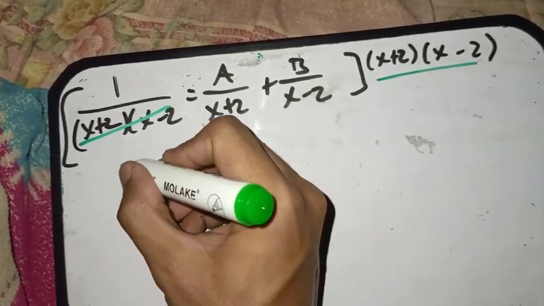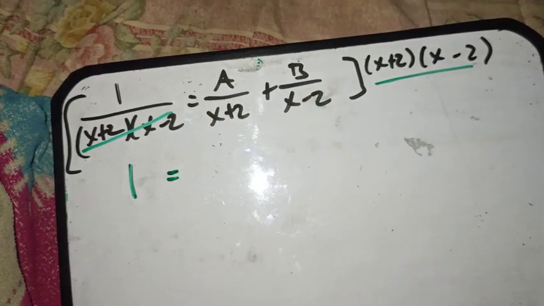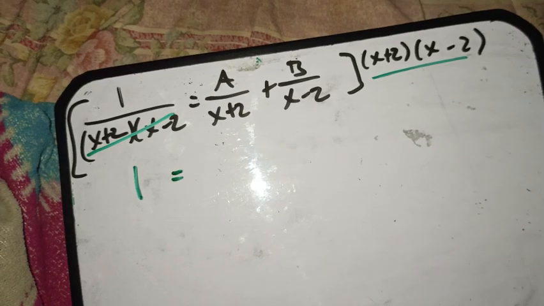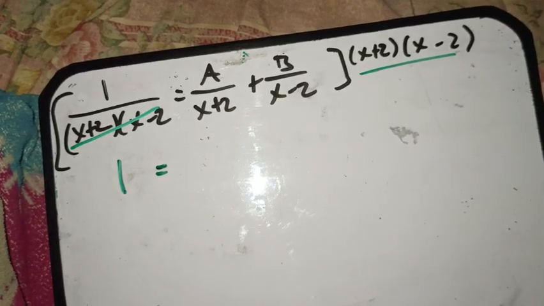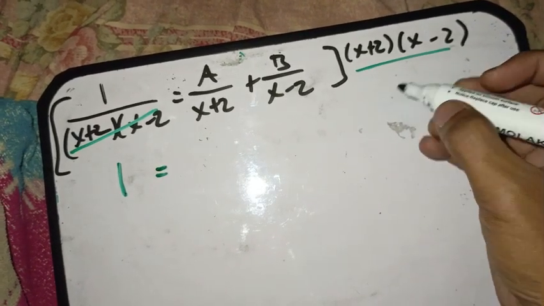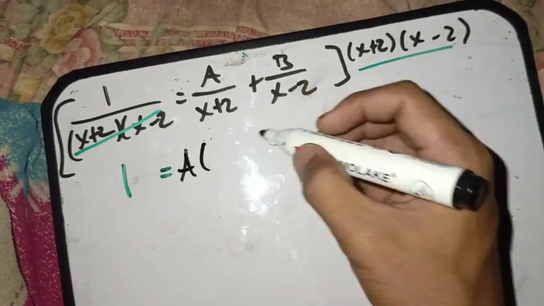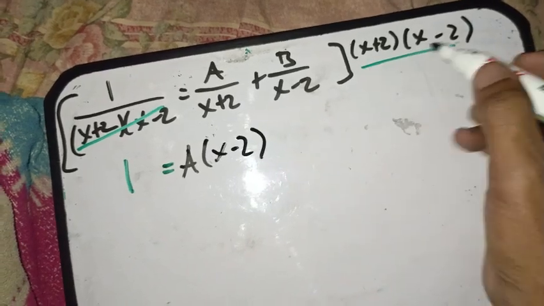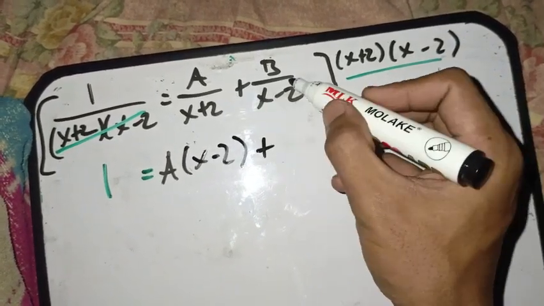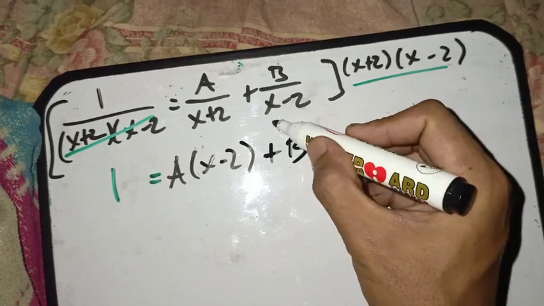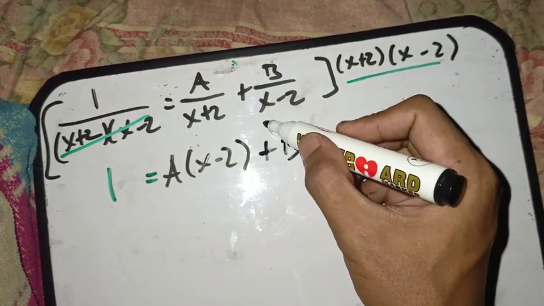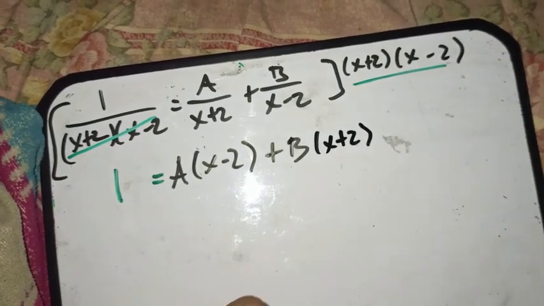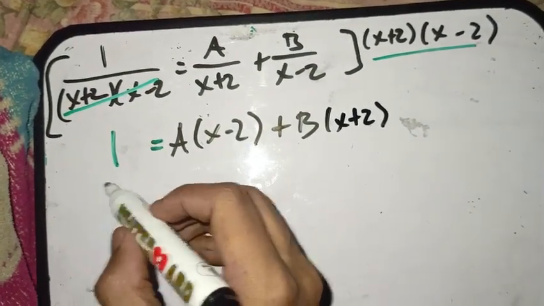So now we're left with 1 is equal to a over x plus 2, and the x plus 2's cancel out, so we're left with a multiplied by x minus 2, plus b, which is multiplied by x plus 2, after cancelling out. So this is our equation now.